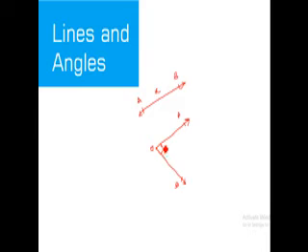So this is how a line or two lines are associated with an angle. So let's consider this angle as alpha.